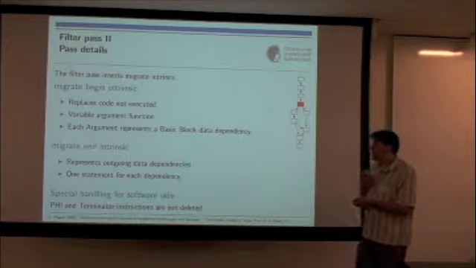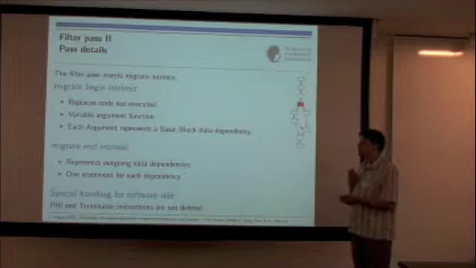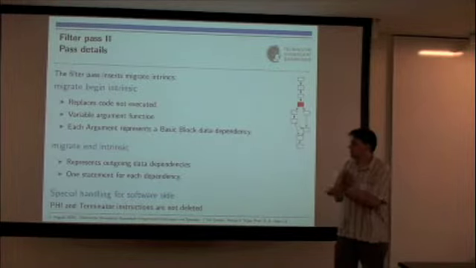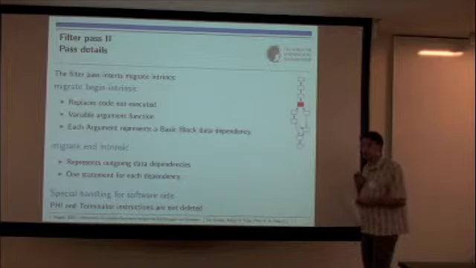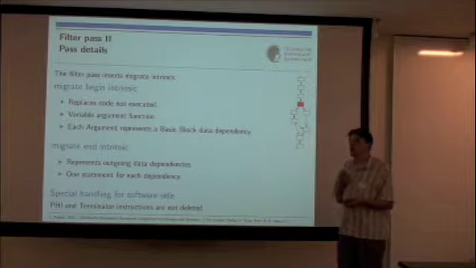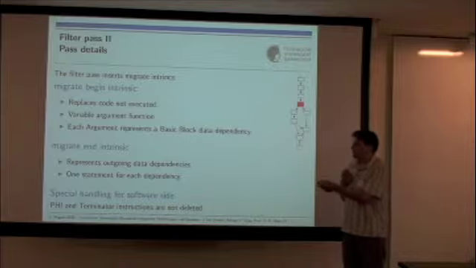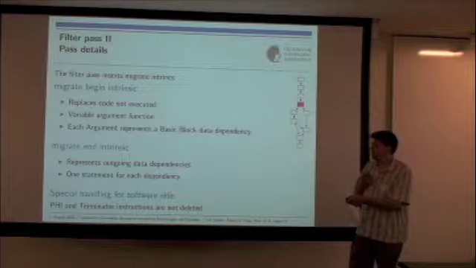Then we have the migrate end intrinsic. Contrary to the migrate begin intrinsic, we can have multiple migrate end intrinsics in one basic block. The reason for that is that this work is based on LLVM 2.2, and LLVM 2.2 doesn't have a multiple return type element. It's only implemented in the trunk or the 2.3 version. So probably in later work it will be adapted to the multiple return types.